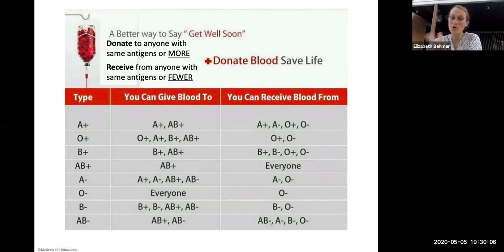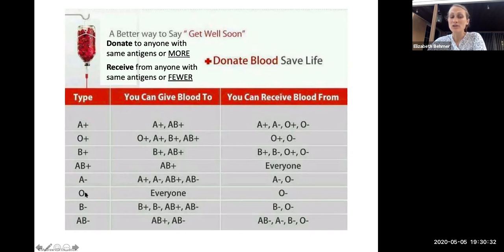Because you have no antibodies in your blood, you can receive blood from anybody, since you don't have any antibodies that would attack the blood you'd be receiving. So AB positive people, we call them universal recipients. If you're AB positive, you're gonna outlive us all, like in a zombie apocalypse or something.